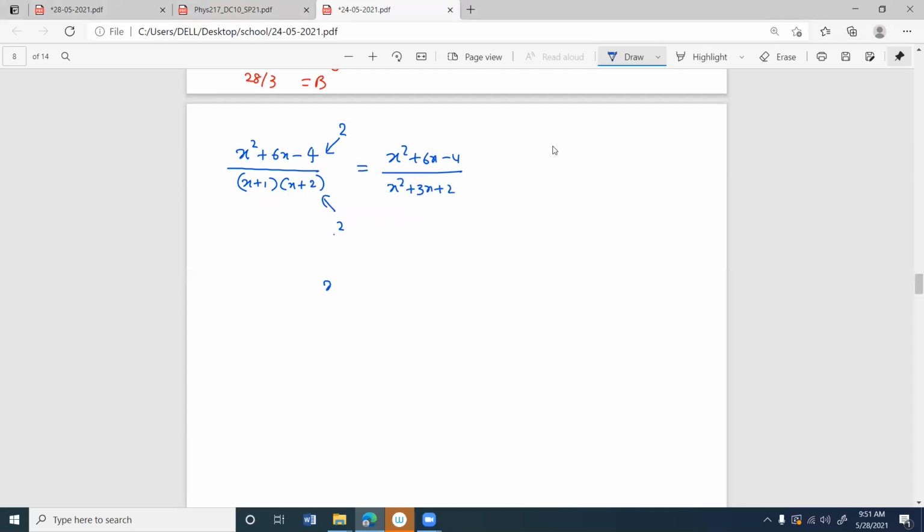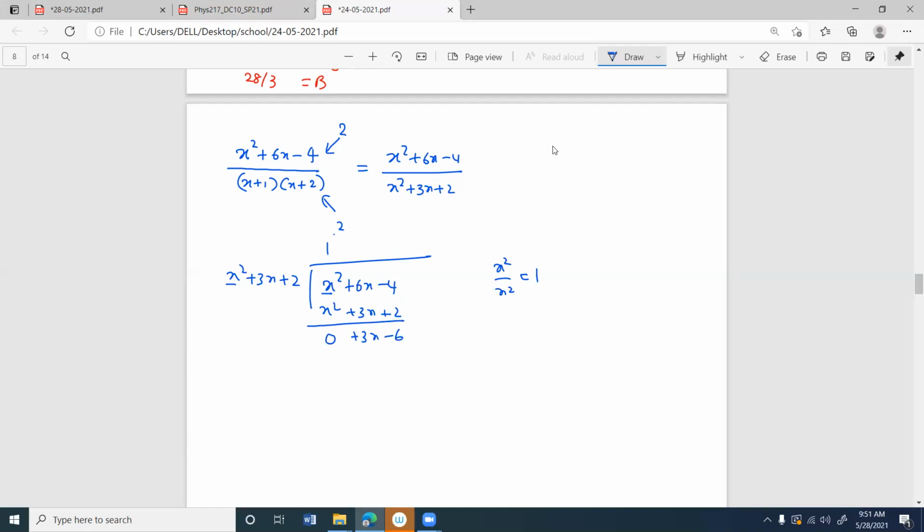Now see whether first term to first term. How many x squared terms are there? For x squared it is 1. Then you have to divide it. 1 into x squared is x squared. 1 into 3x is 3x. 1 into 2 is 2. Then subtract it. It's 0 plus 3x minus 6.